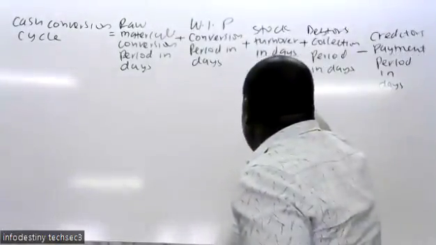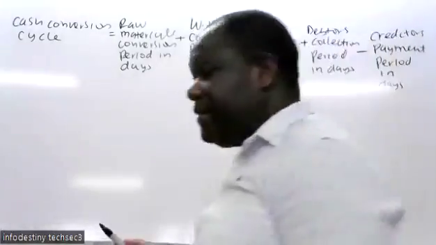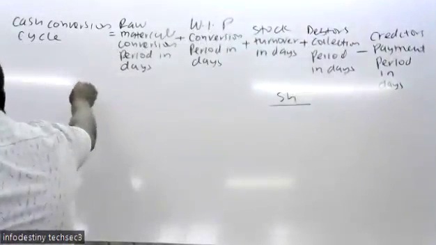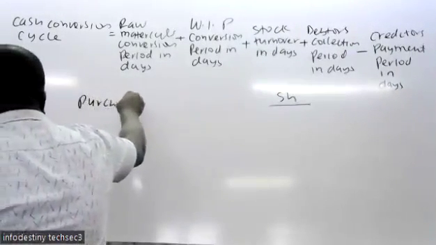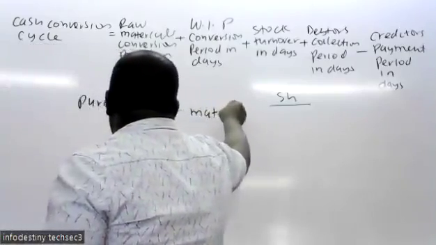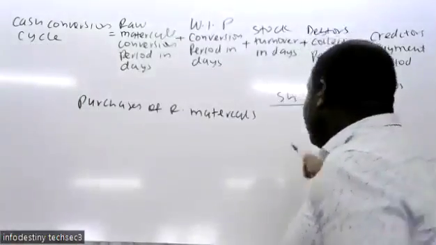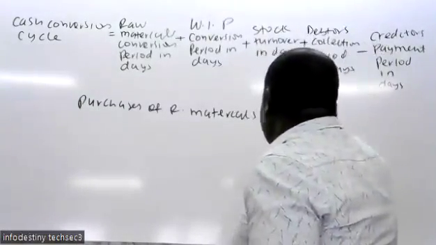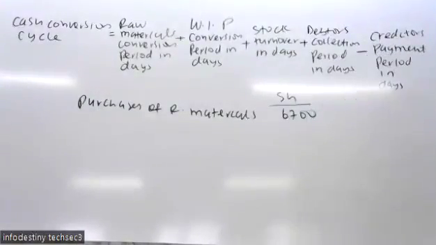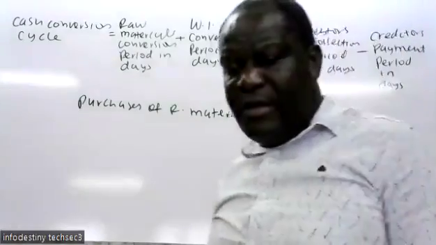So I'll simplify it this way. I start with purchases of the raw materials. Purchases of the raw materials is 6,700.